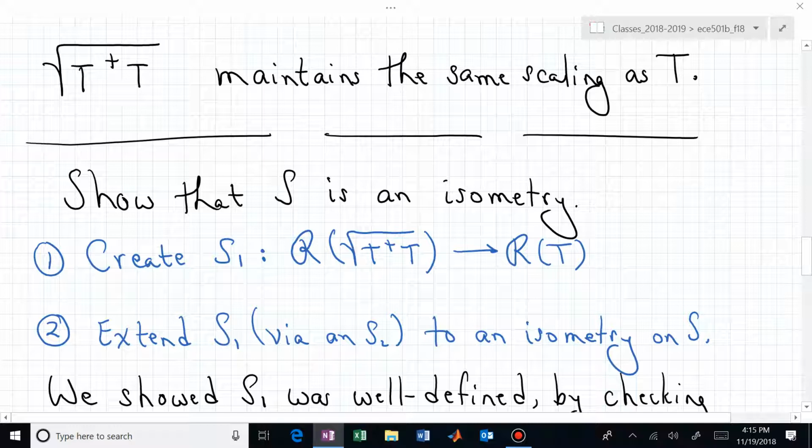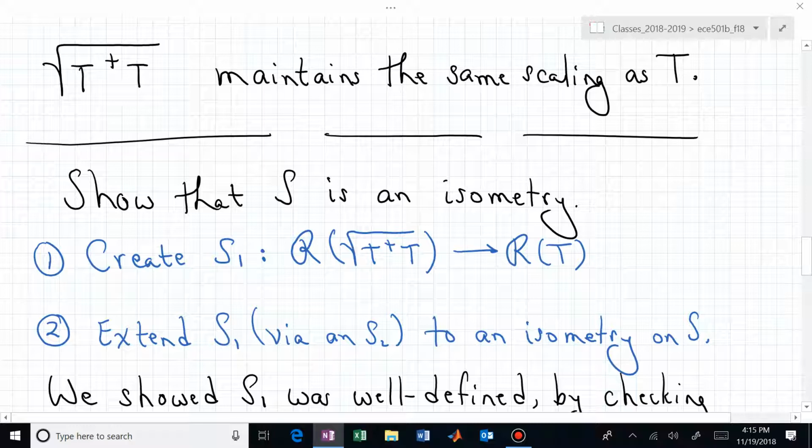And then we need to grow that into an isometry. If S1 is a linear map, it's not guaranteed that it's going to be full rank or have everything mapped into the entire vector space V. Because of that, we need to extend it with this additional map, S sub 2, to turn this combination of S1 and S2 into a true isometry S. S can't collapse or do any kind of scaling.